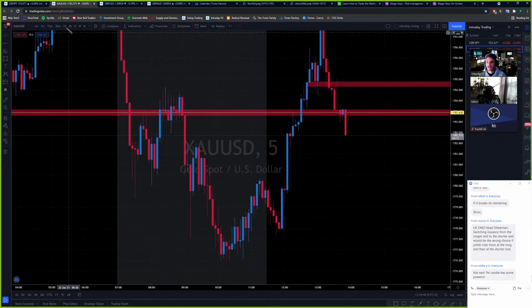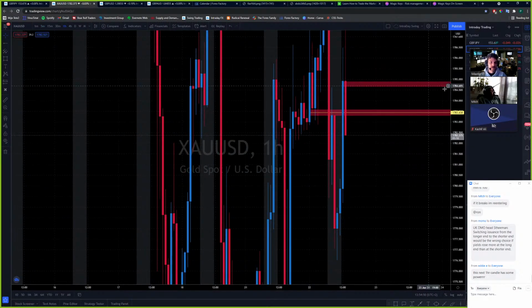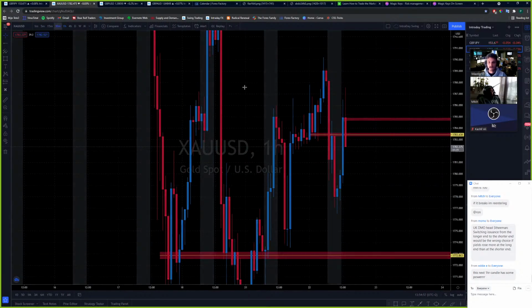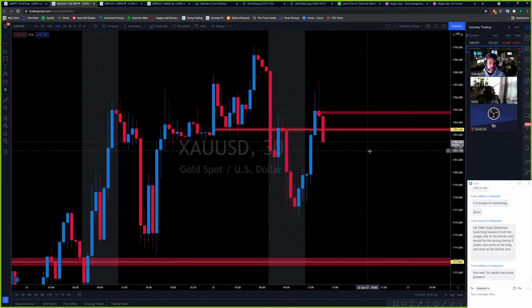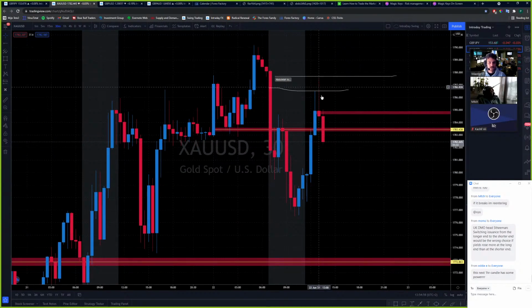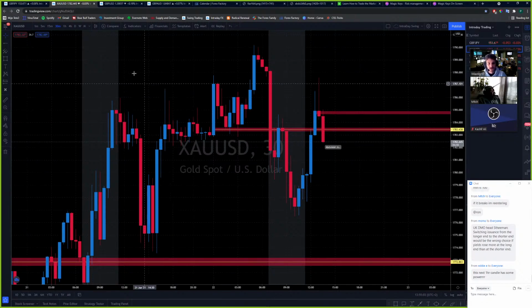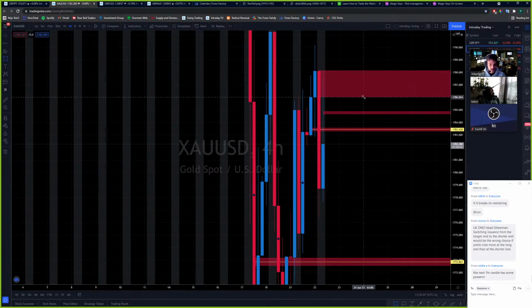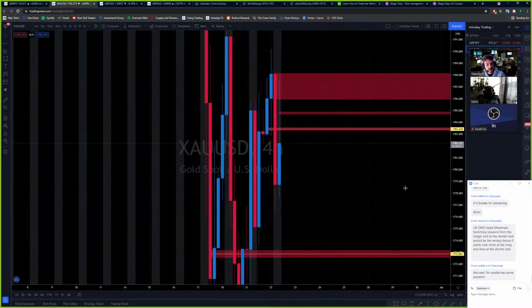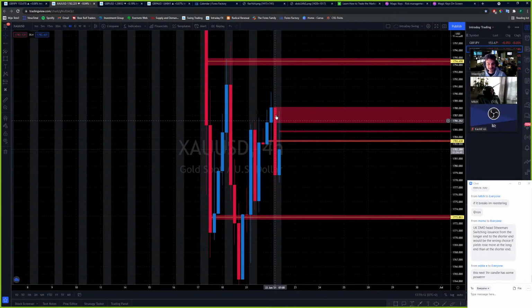Where would you have taken it the way that I did? If you look at the 30-minute, you can see that the 30-minute made rejections off of this area here, with this wick, and as soon as we broke that low, it went down. That could have been huge. Oh yeah, definitely. I was very wary of this whole level, which is something you mentioned as well the other time. I don't want to buy into that.